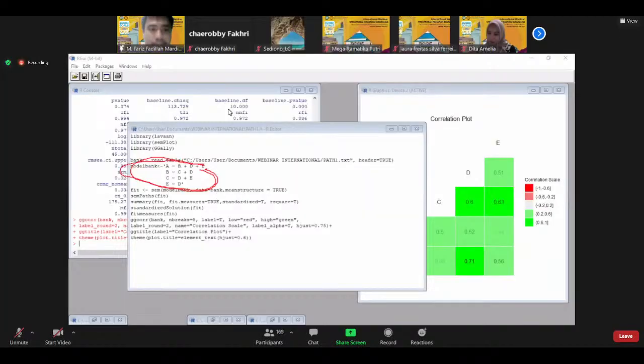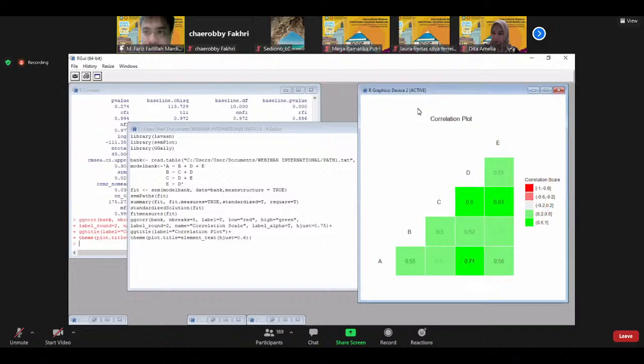Okay, and then this is to make a fit model, and then activate the fit result and make a summary. And this, especially for path analysis where we have correlation, we perform ggcorr to make the output, in structural equation modeling and partial least squares.